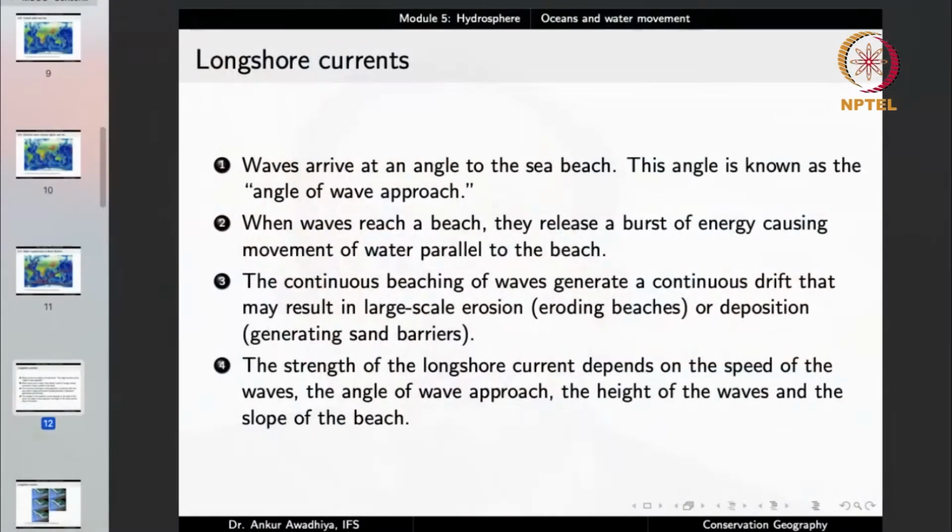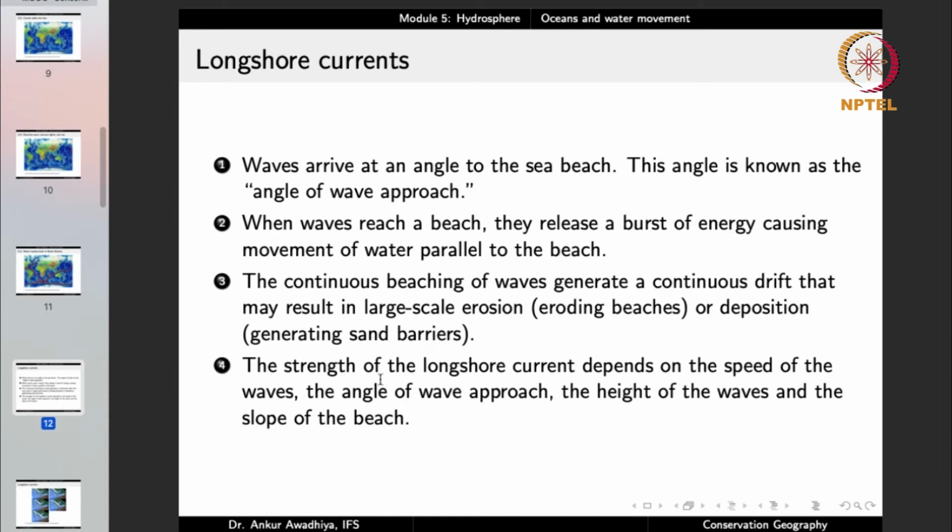When it deposits this sand somewhere later, in those locations the beaches may expand, or it may even result in the formation of other structures such as the spits. We had observed spits in one of the earlier lectures, and the spits are formed because of the longshore currents, or it may result in the generation of a sand barrier. So we get different landforms in the form of eroded beaches, sand barriers, spits and so on, that are generated because of the longshore currents.